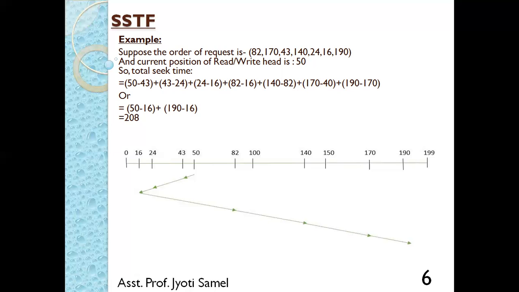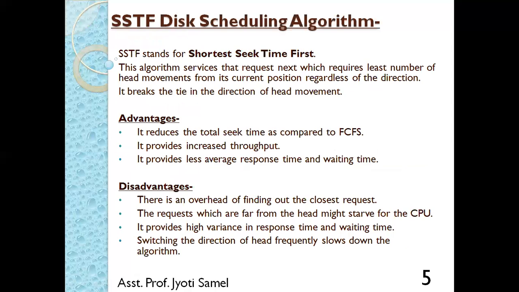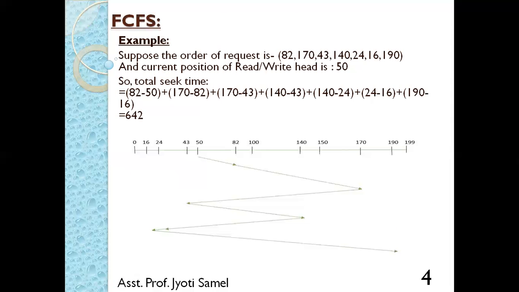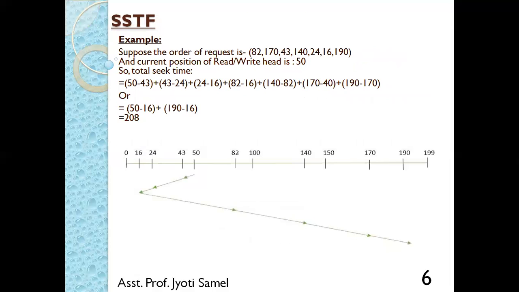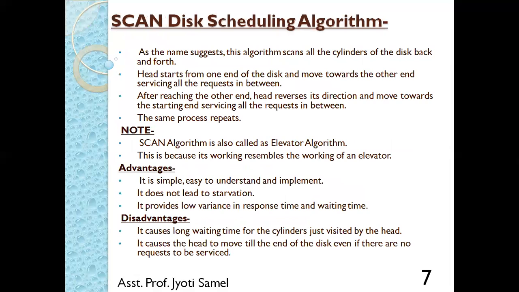Hope you understood. In the FCFS algorithm, for the same scheduling, we got the seek time as 642, and for this we got 208. This much is the difference. Now we will move to the third algorithm, that is the SCAN disk scheduling algorithm.